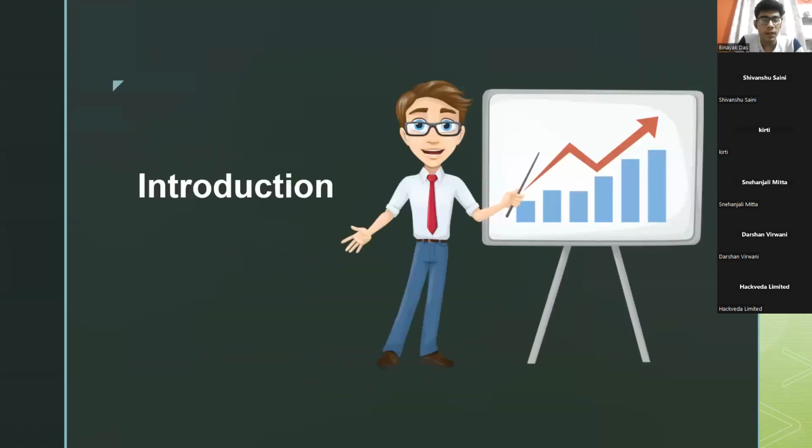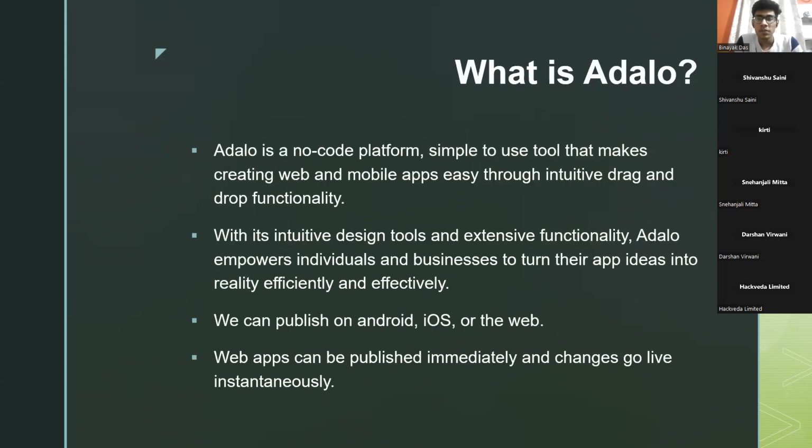So, introduction. Basically, what is Adalo? Adalo is a no-code platform. It does not require any code at all. We just use a simple drag and drop feature to implement the website. It has intuitive design tools and extensive functionality.